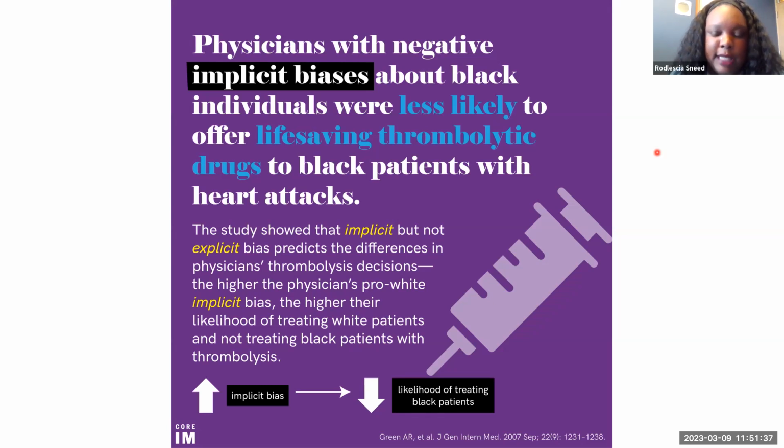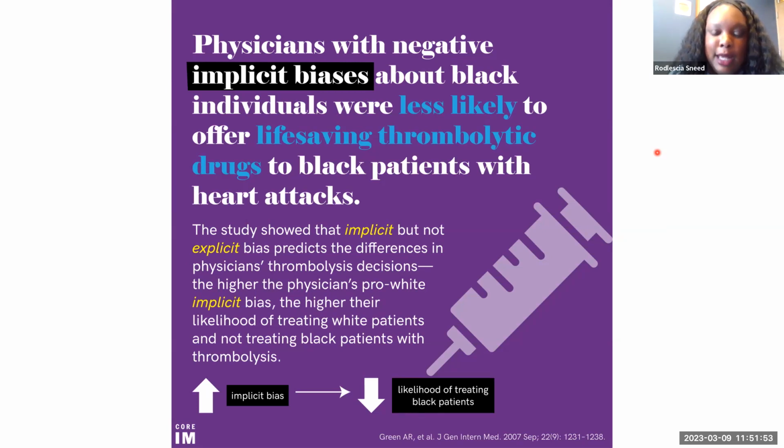And what they saw is that explicit bias, asking people how they felt about people from different racial groups, did not predict their decisions. But what really predicted was the implicit bias as measured through the IAT.